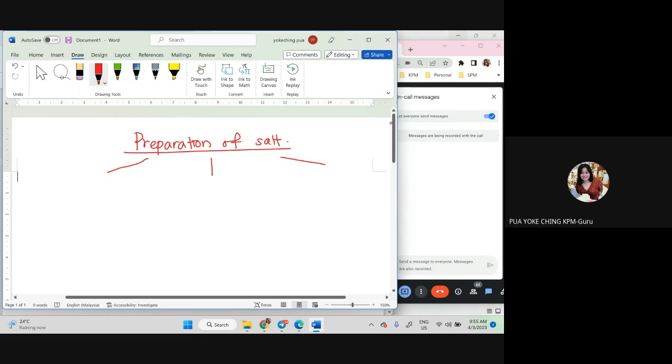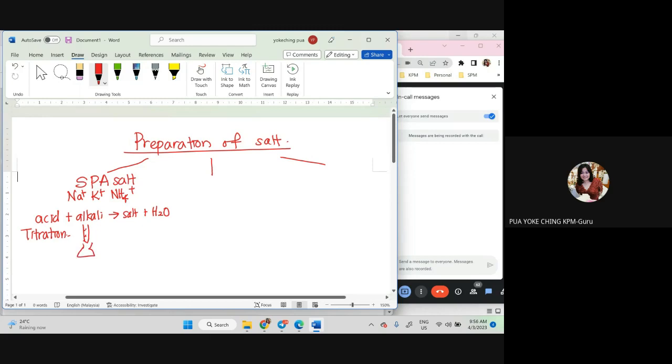The first salt we call SPA salt, which is your Na+, K+, and NH4+. For salts involving Na, K, and ammonium, your method is only acid plus alkali becomes salt plus water, and this one must do titration. Titration means there must be a burette and a conical flask.